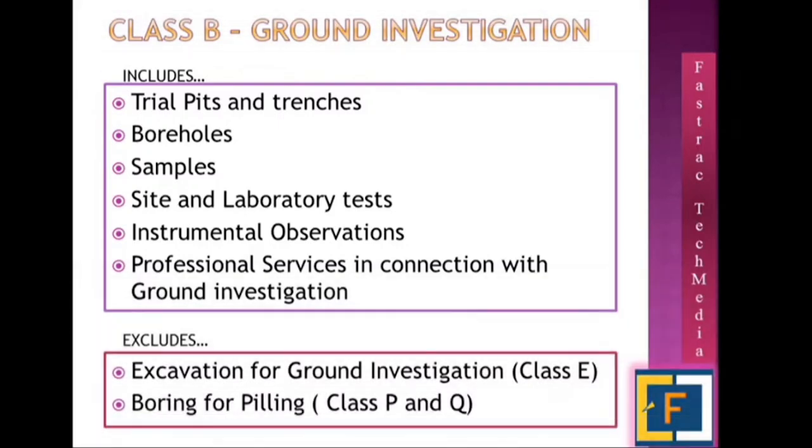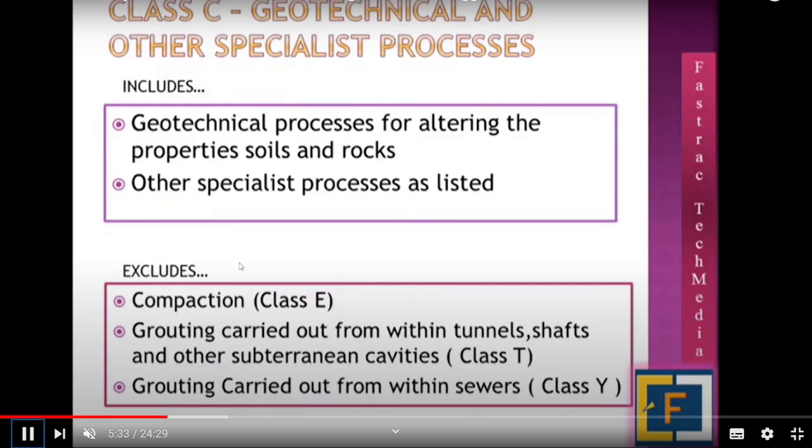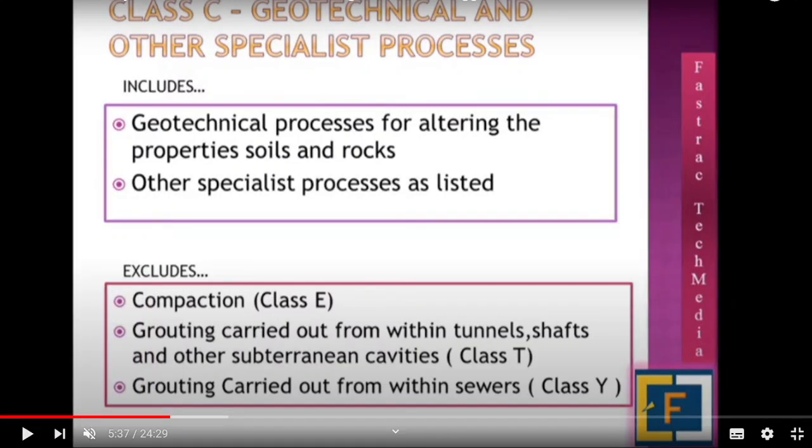Similarly, in class C also there will be includes and excludes. What is included in class C? In class C, geotechnical processes for altering the properties of soil and rocks, and other specialist processes as listed. So we have to check the list. Again, class B and class C, you may get confused because you don't have practical experience.